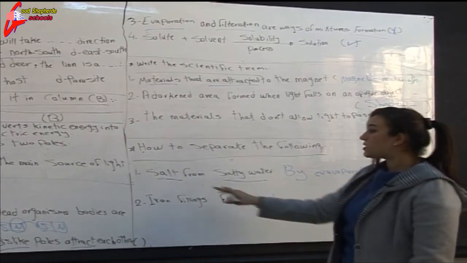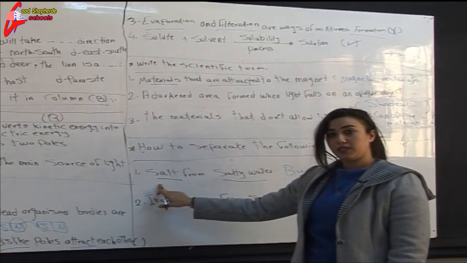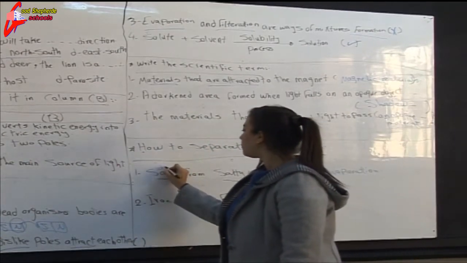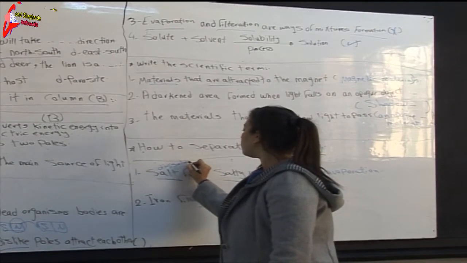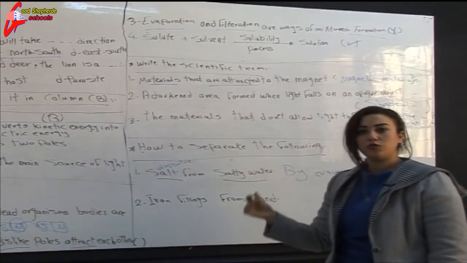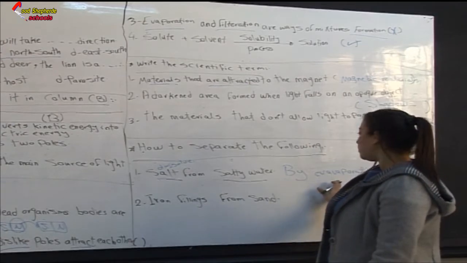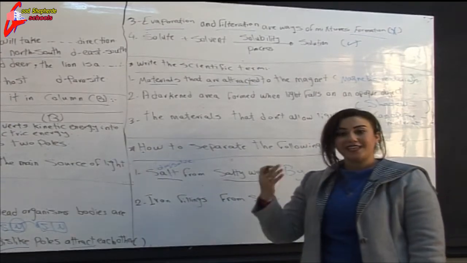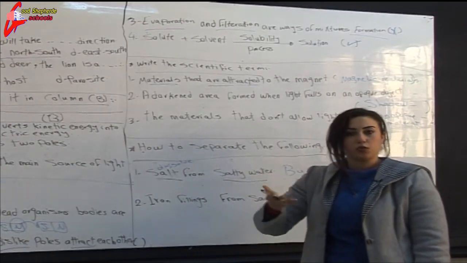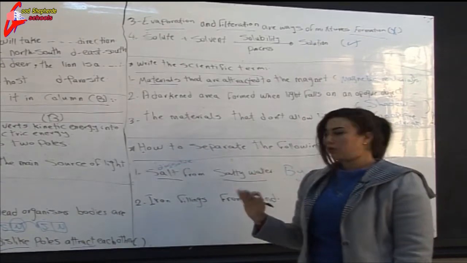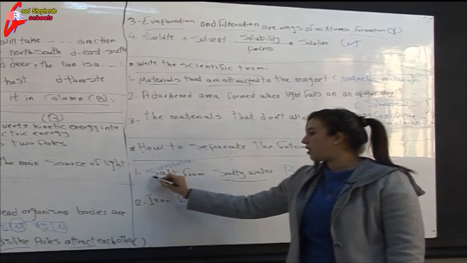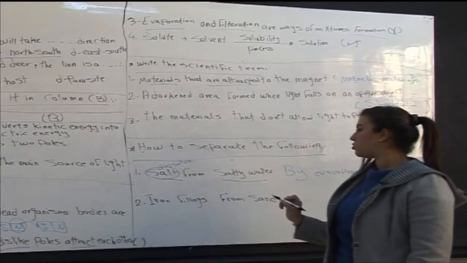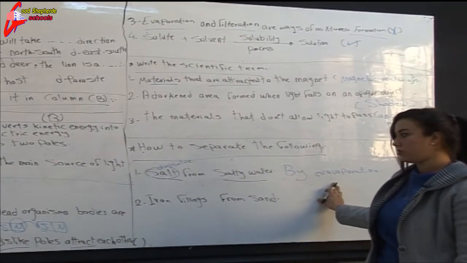Why? Because salt is a solid substance that dissolves in water, so I heat the water and the salt is found at the bottom. So I used the evaporation process.